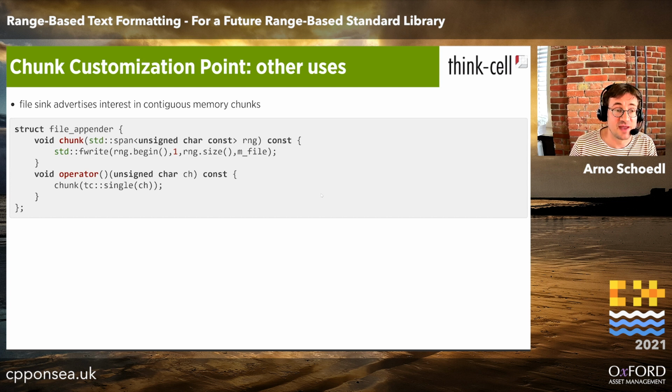If you have an appender to a file that's not appending to a piece of memory but directly writes into a file, it can take anything that is convertible to a std span. If you already have a contiguous memory chunk, then you can write that chunk to the file in one go. Only if you don't have that do you have to go character by character.